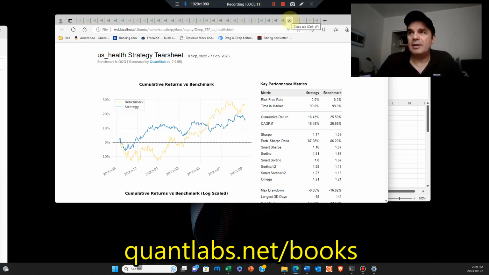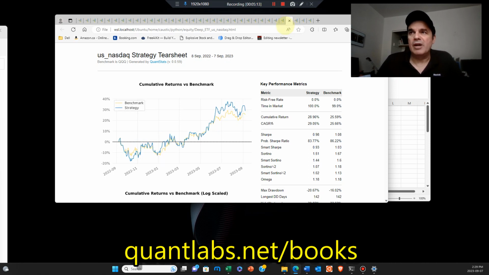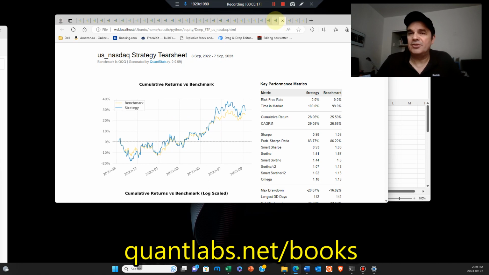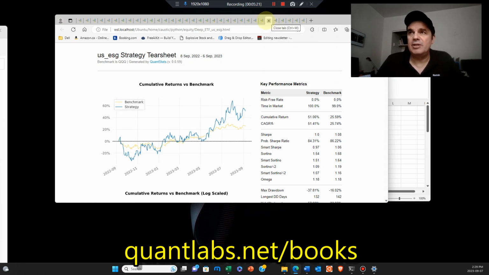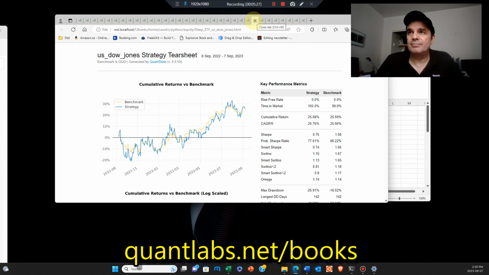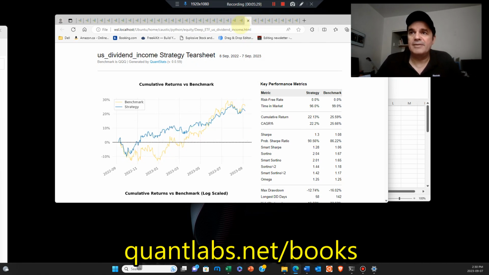We've got health, that's underperforming. We've got growth, I'll just close that off. There are just better ones to focus on. ESG is outperforming. Energy is definitely outperforming. Dow Jones, not much better. Dividend income, not great.